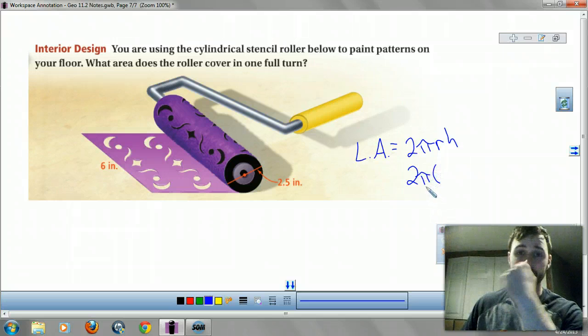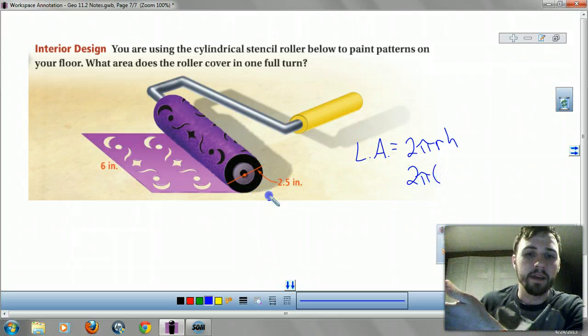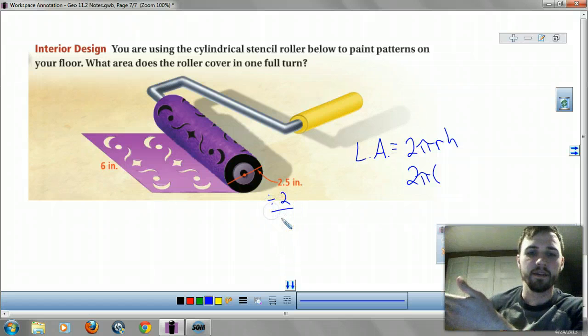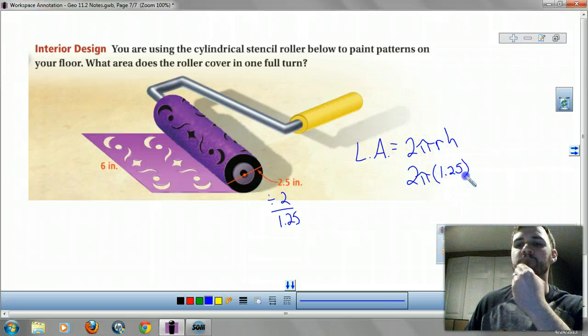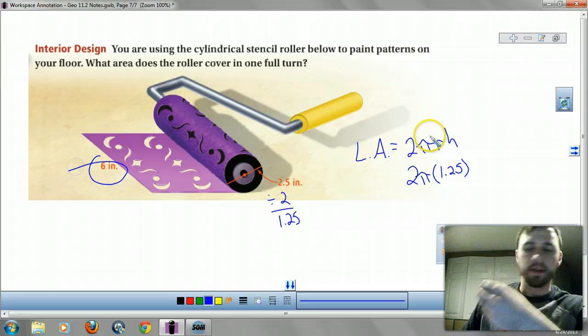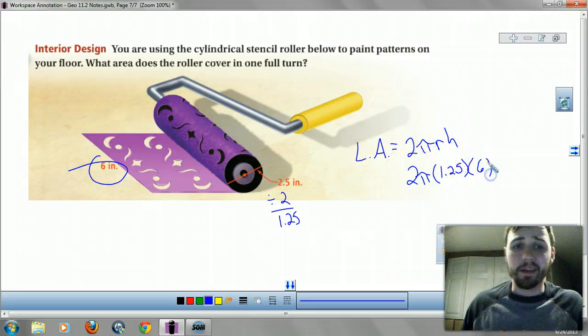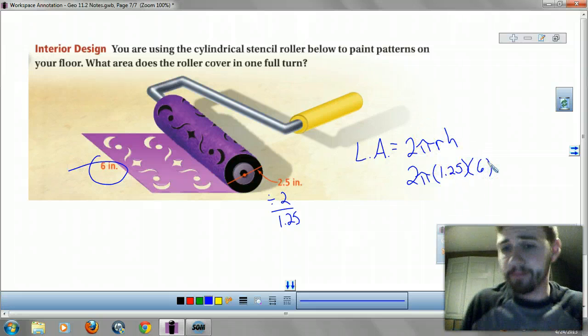What's your radius? Your diameter is 2.5, so your radius is 1.25. You divide in half. Your height is 6. By the way, that is a fantastic design for a wall.